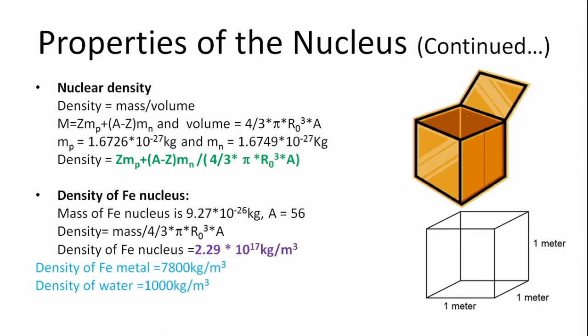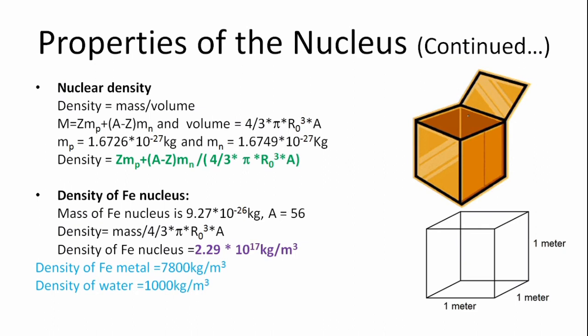Now let us do one small exercise to find the density of the iron nucleus, and we will also compare this nuclear density with the density of iron metal and the density of water, just to understand the difference in the densities of different materials.